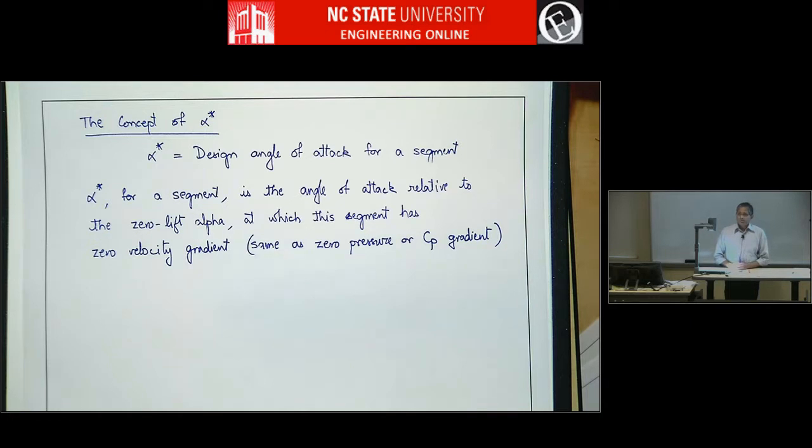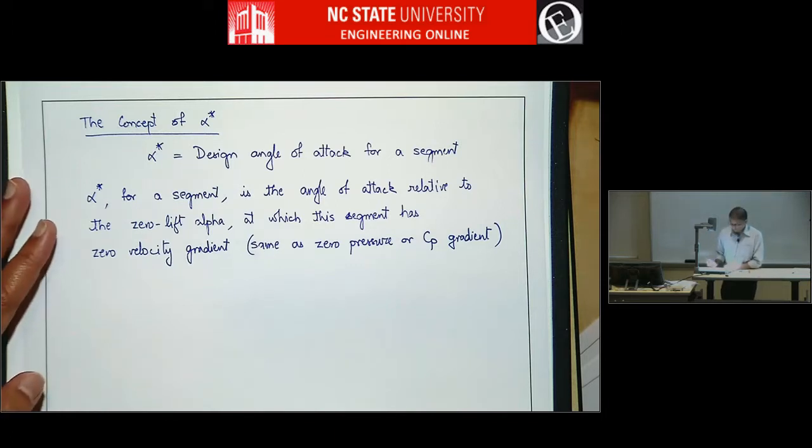Okay, so for any segment, alpha star is the angle of attack measured from the zero lift line, at which this segment will have zero velocity gradient. So why is this so useful?